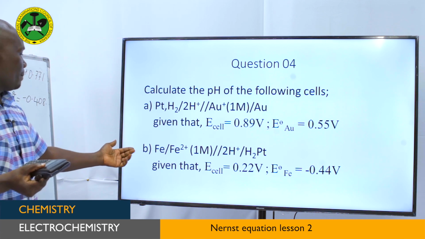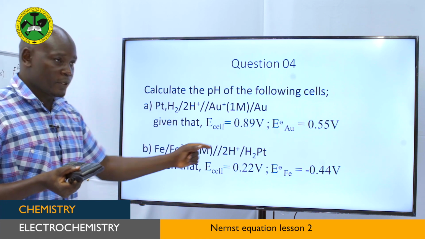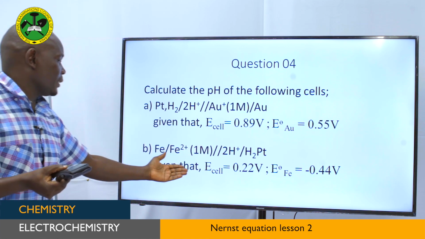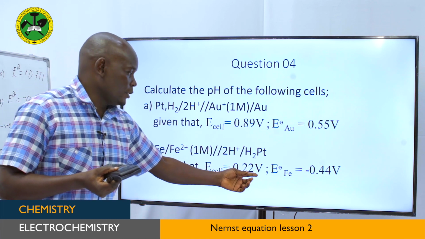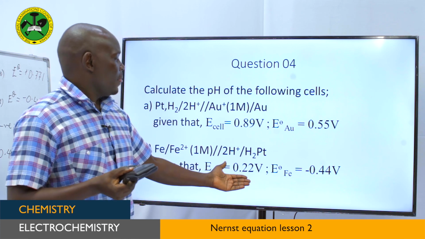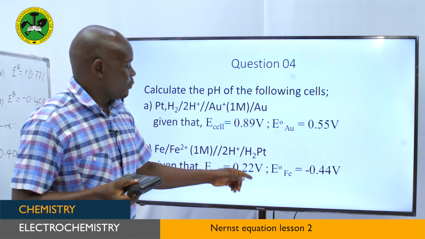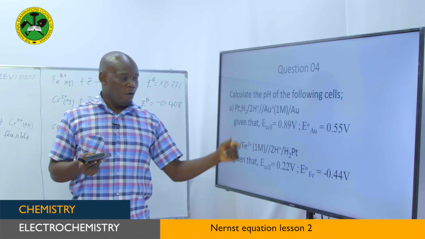But for part B, you are given the half cell of iron and hydrogen, and the data given are that the EMF of the cell is 0.22 volts, and the standard electrode potential of iron is negative 0.44 voltage.